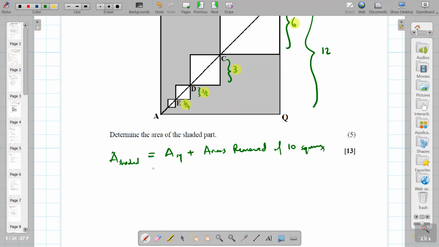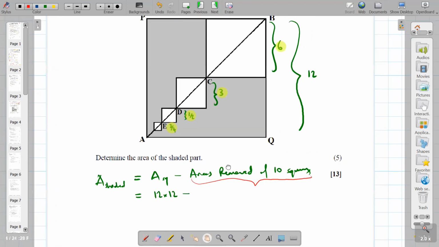The big square area is not a problem, 12 times 12. Then we subtract the squares removed. So the question now is, how do we find the area of the 10 squares removed?